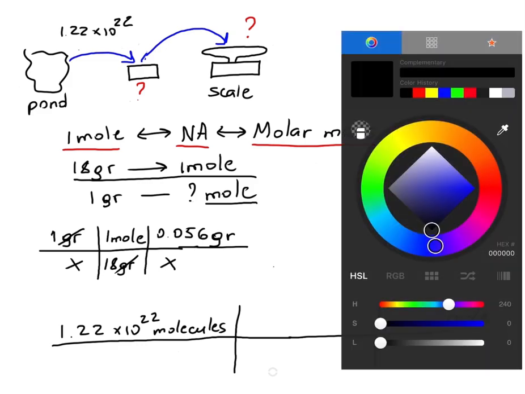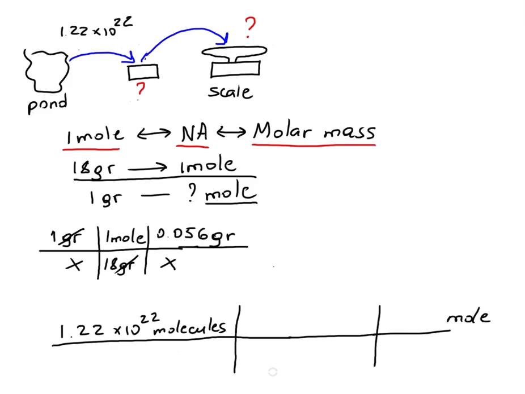You need to write it in a way that the molecule units cancel out. If you have molecules here, you have to have molecules right here as well. On the bottom goes your standard, Avogadro's number, 10 to the 23 molecules. On top is 1 mole, as you should know from right here.